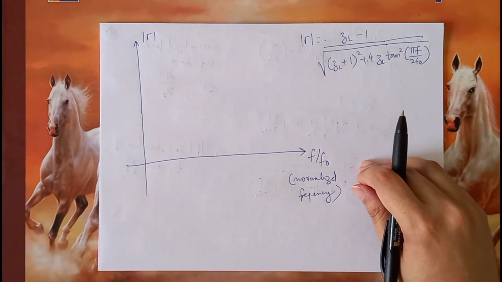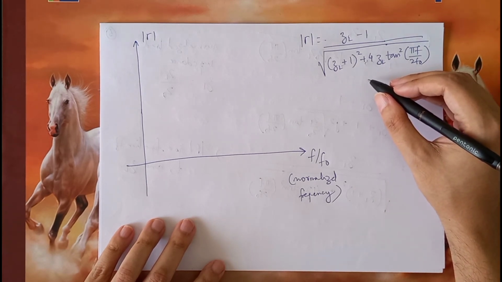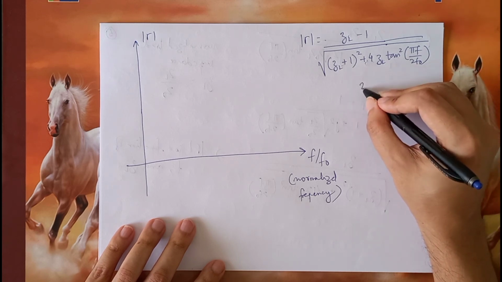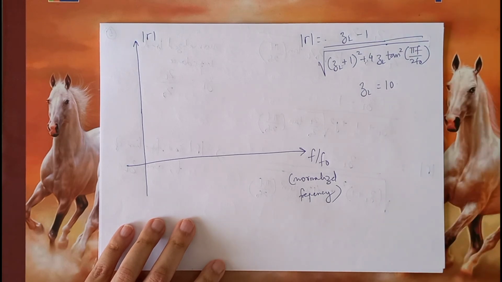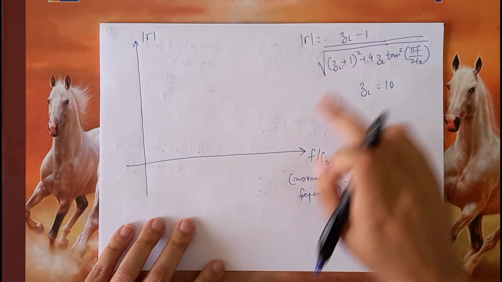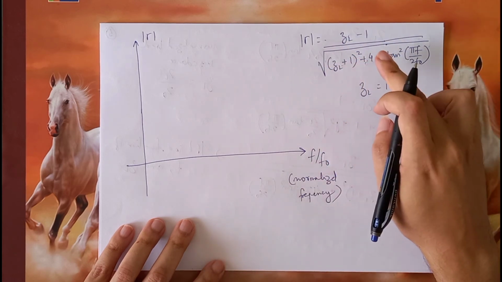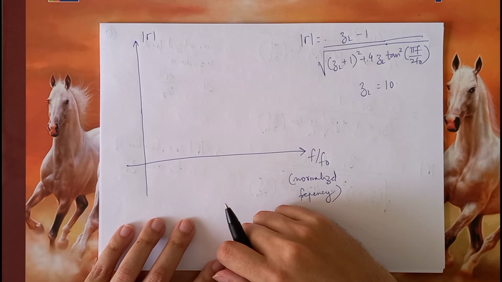Okay. So let us first take some case where ZL is 10. Case 1. So what would happen? If ZL is 10, the numerator will be 9 and this will be 11 square plus this tan function.